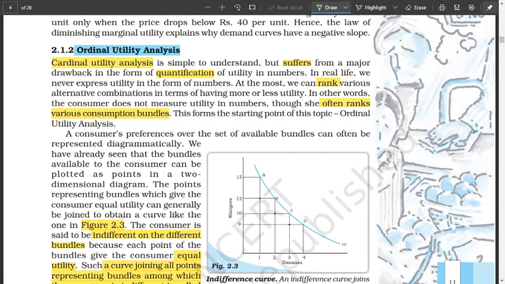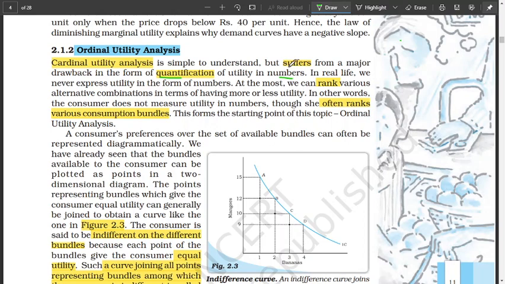Ordinal utility analysis is totally different from last class's cardinal utility analysis. In cardinal utility analysis, remember that we assume that utility can be quantified, it can be put in numbers, we can add, we can subtract, then we come to know about our behavior.